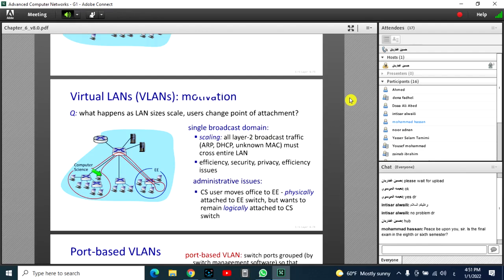So logically, I create a LAN with these computers inside the computer science department and this computer from the EE department. Logically, I connect this computer on the right side to the computers in the computer science department.